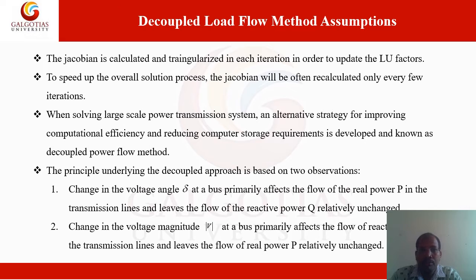To speed up the overall solution process, the Jacobian is often recalculated only after a few iterations. If certain values vary, then we calculate the Jacobian matrix again; otherwise, we can use past iteration values. In such a way, we can reduce the overall computational time. That is the main objective of the decoupled load flow method.